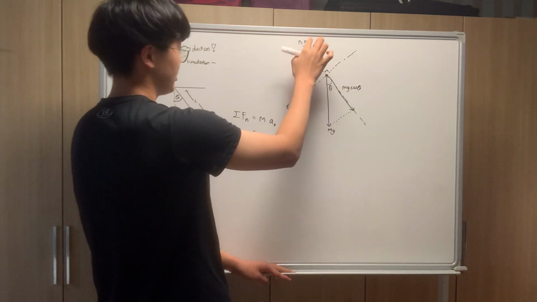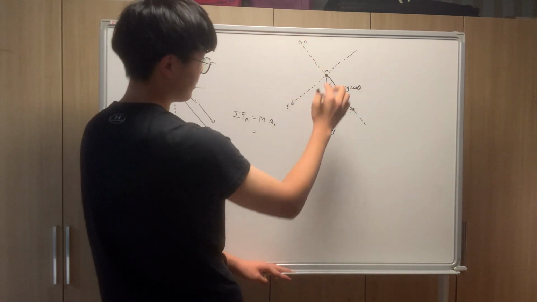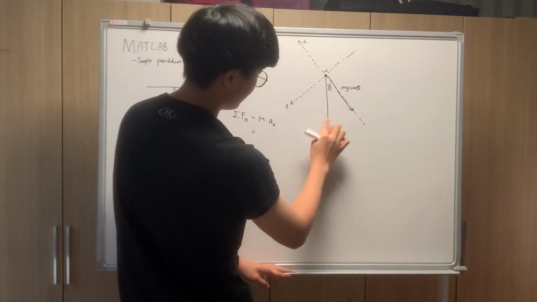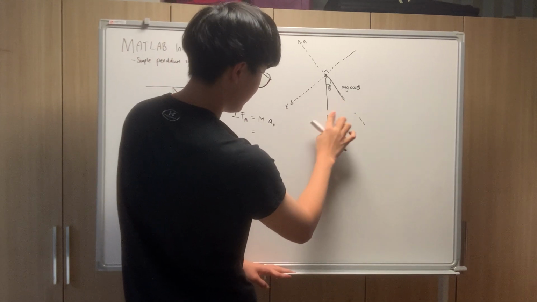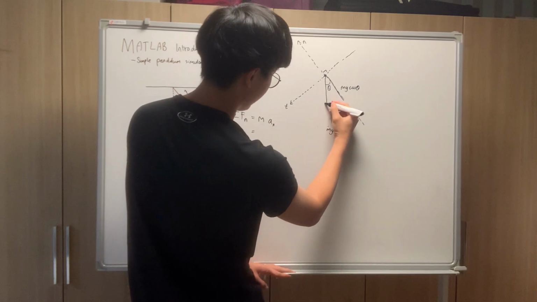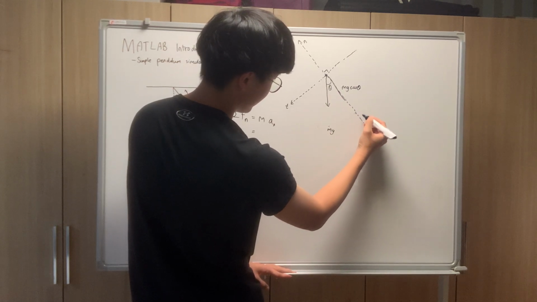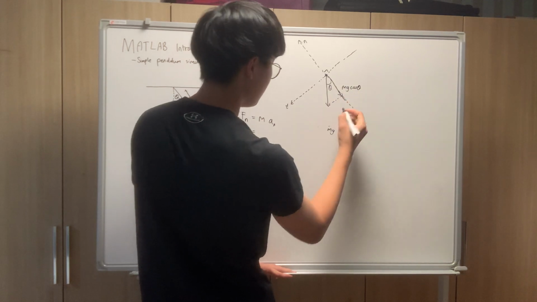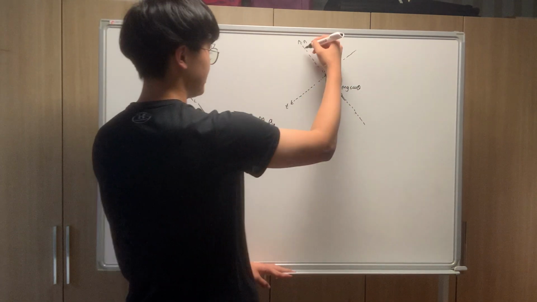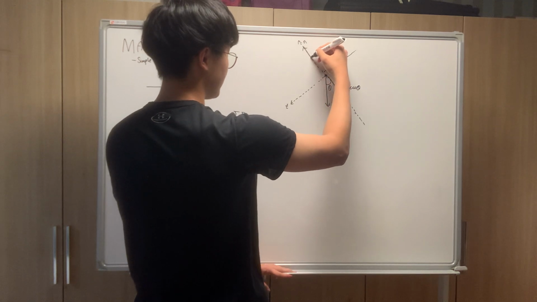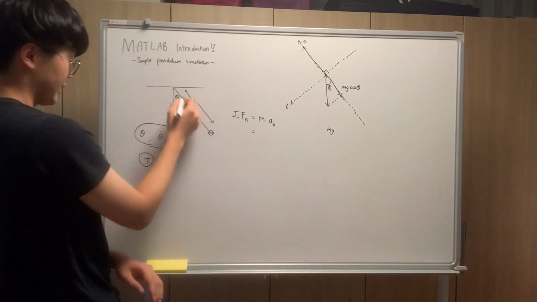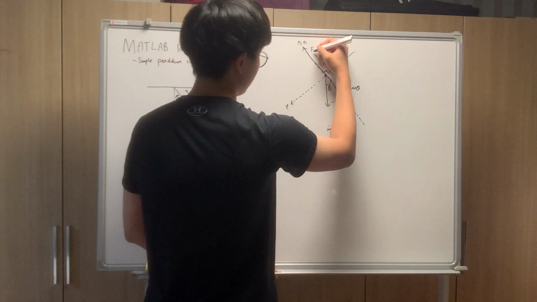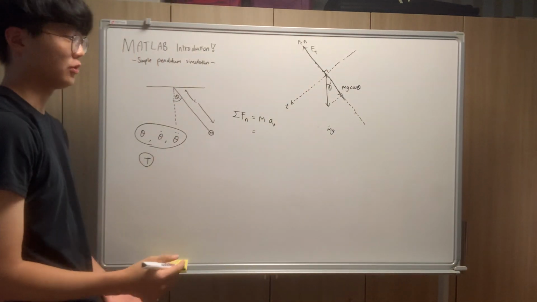And we also know that there is another force. Maybe the magnitude is quite misleading, so I'm going to shrink the effect of gravity, because we know that tension must be greater. So that's mg cosine theta, and there's another force here caused by the string pulling onto the mass, and we're going to call that Ft, which is tension.